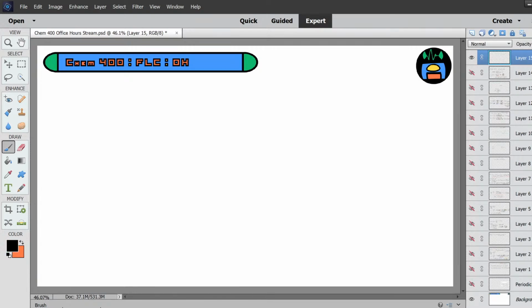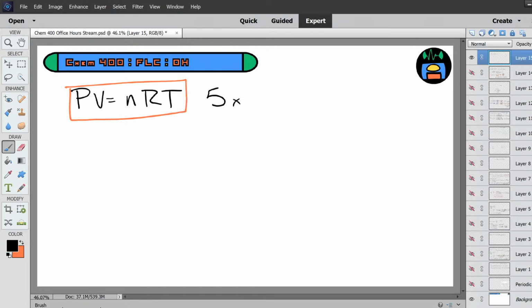And your question was, so when you're using the ideal gas law, PV equals nRT, you'll notice that in the ideal gas law, there are 5 variables. Right, 5 variables.